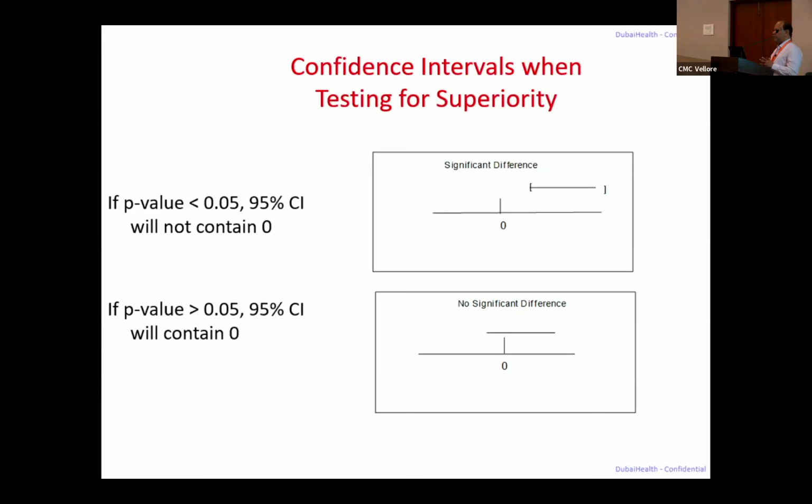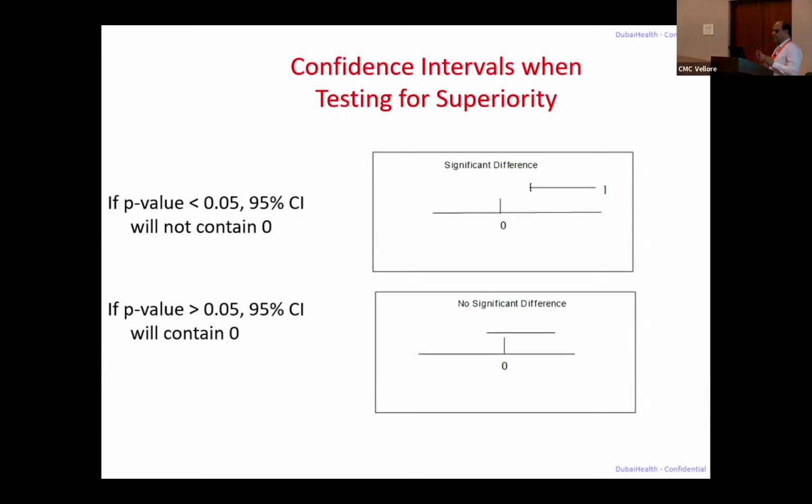Usually we also touched on equivalence trials and non-inferiority designs, where we fix the margin as delta. Here there's no such margin in superiority trials. In superiority trials, you wanted to see, as I presented a while ago, is there any difference between the two arms or no difference?